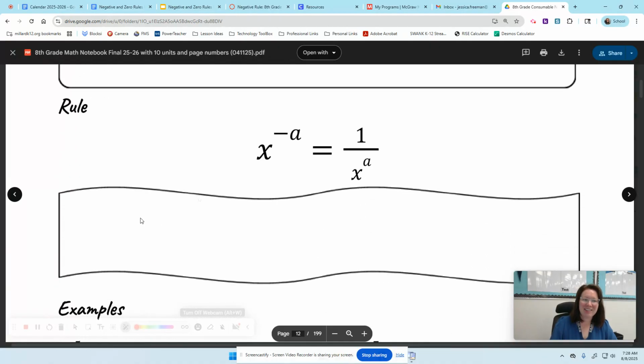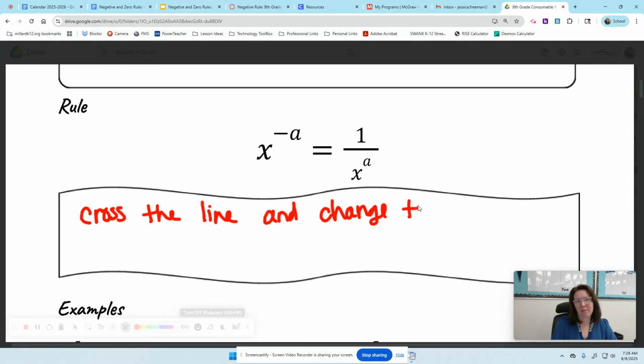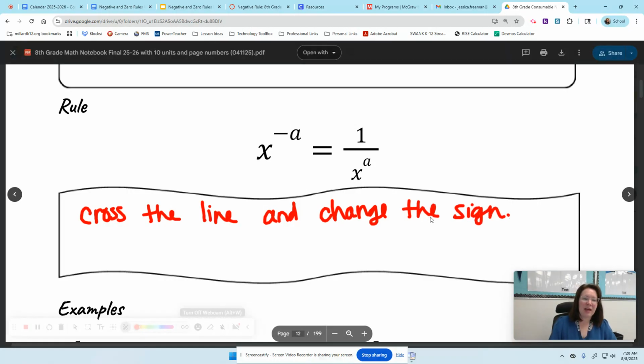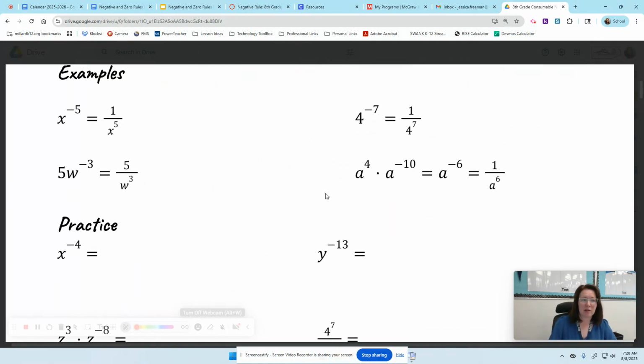And right here in this nice little wavy thing is where you're going to write: cross the line and change the sign. And then we saw some examples that we already looked at on the PowerPoint.